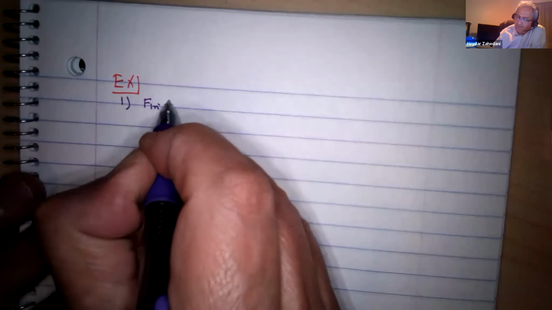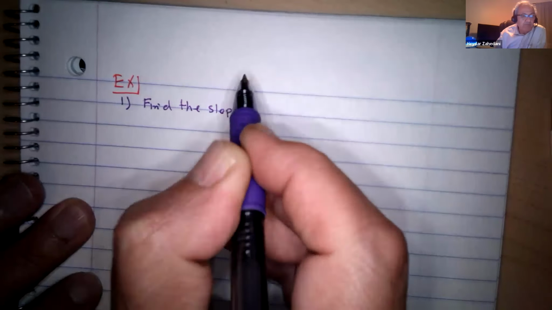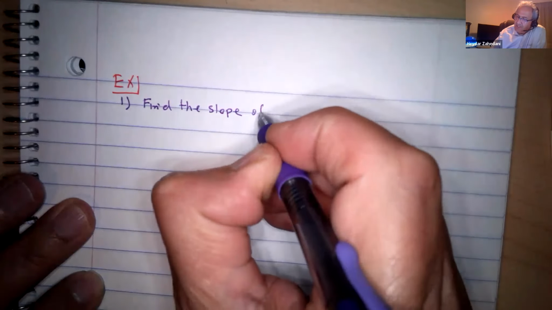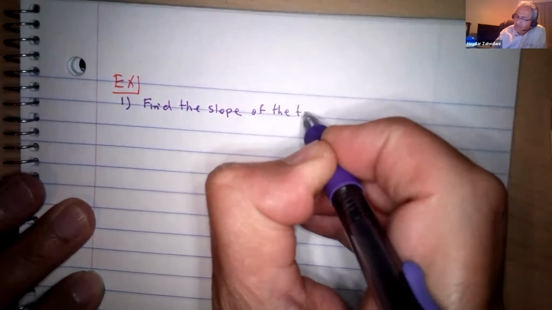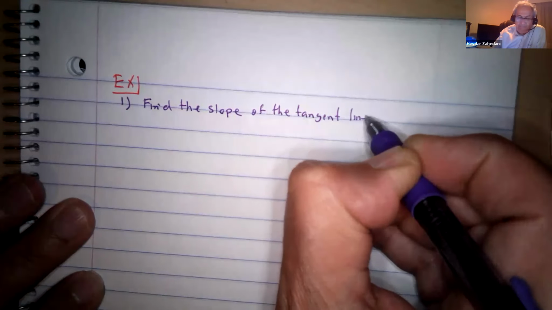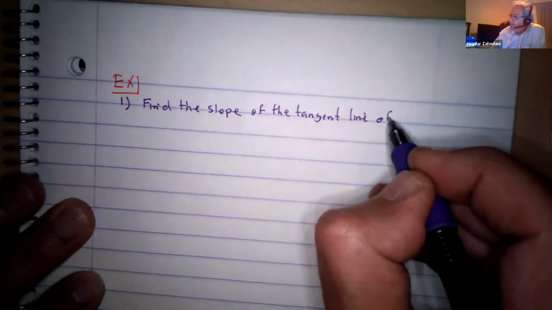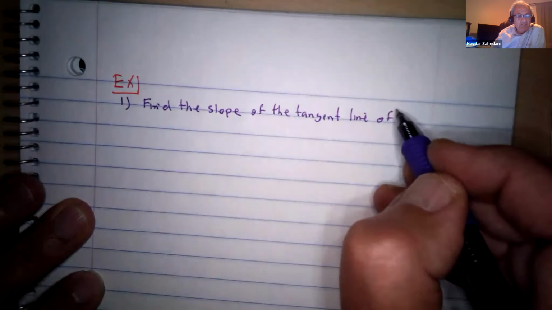Part one, we want to find the slope of the tangent line to the cardioid.